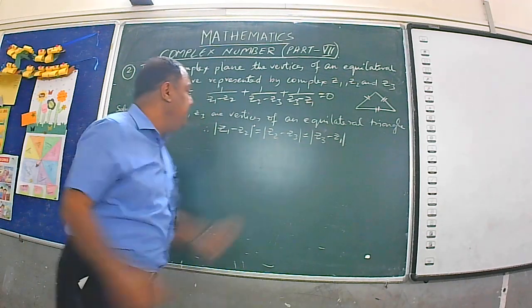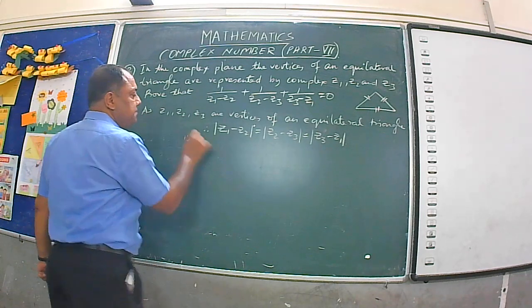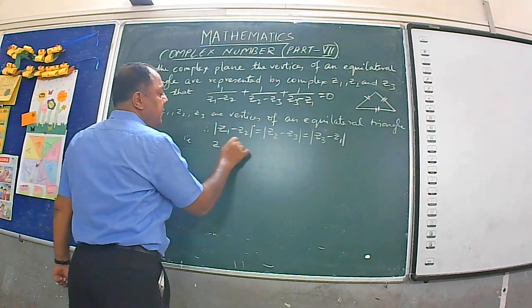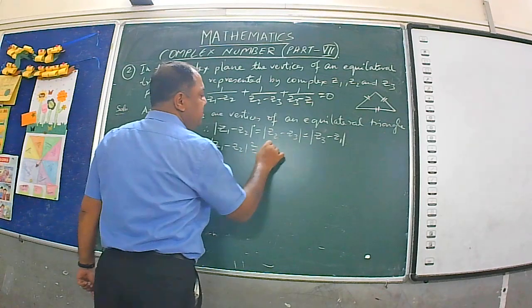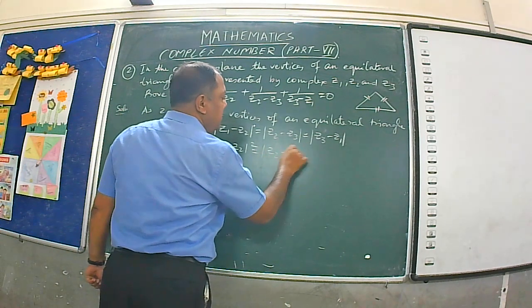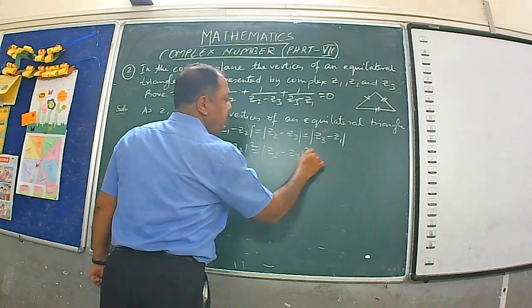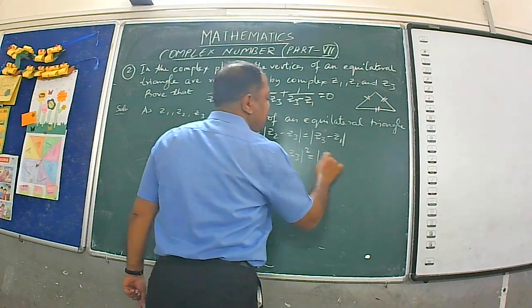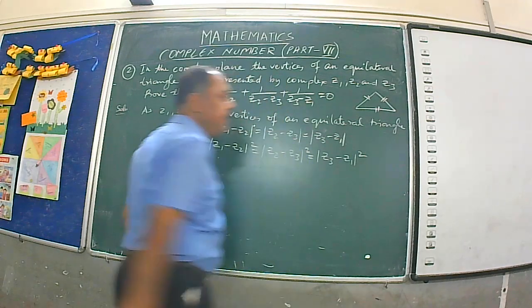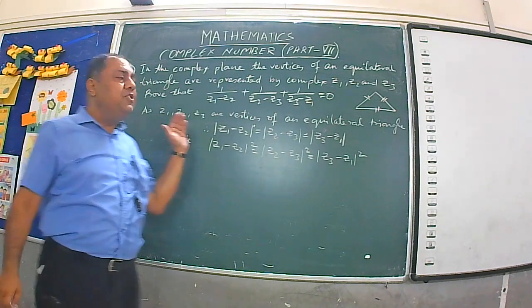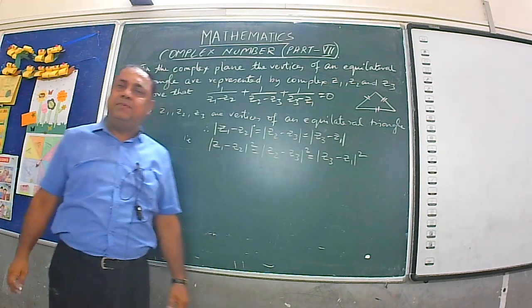I square them, that is, Z1 minus Z2 whole square equals Z2 minus Z3 whole square equals Z3 minus Z1 whole square. I am simply squaring them out.